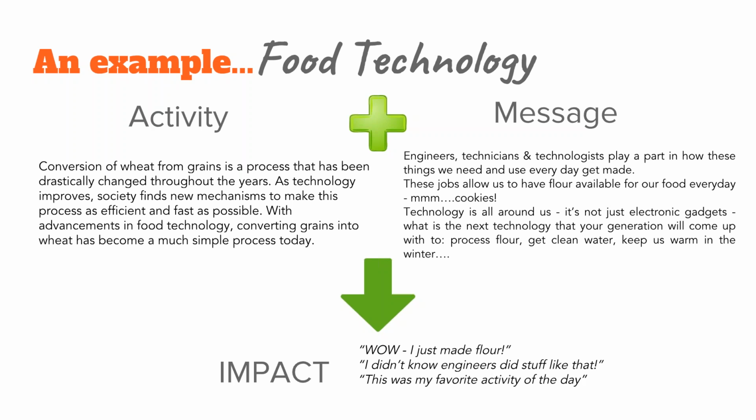So anyway, lots of neat stuff you can do there. You can also add in more complexity around calculating yields. X amount of wheat berries is going to convert into X amount of flour, and there's going to be losses within your process, and how can you minimize those losses? And so some really interesting conversations you can have there.